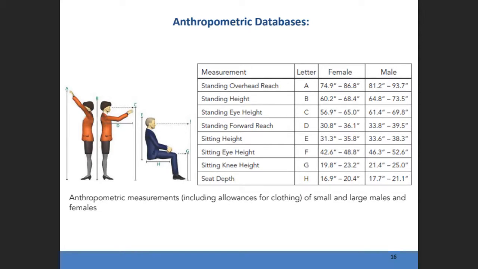This is the standing height. If you look at the table, you will not find 60s here. You will find the closest one is 50 to 69, which is 50 to close to 70. And the others are in different ranges.